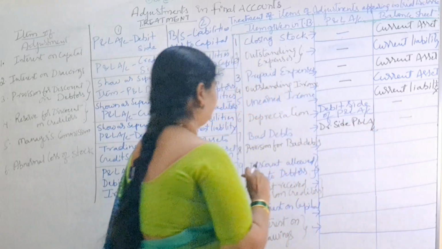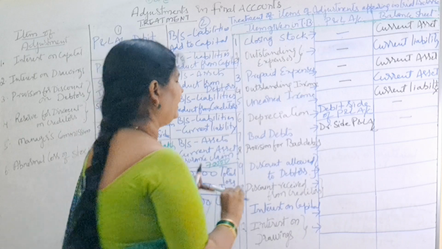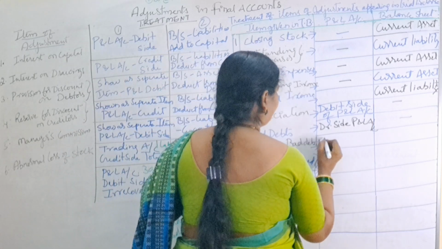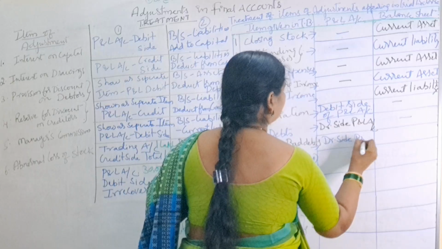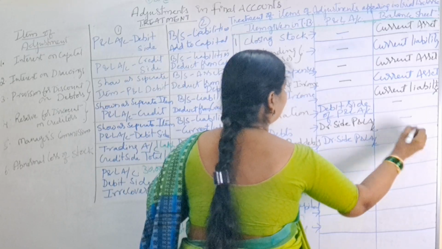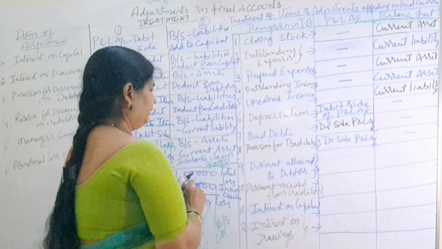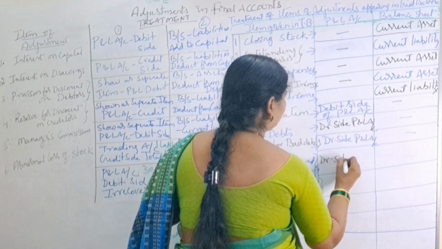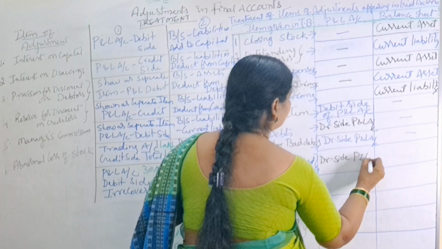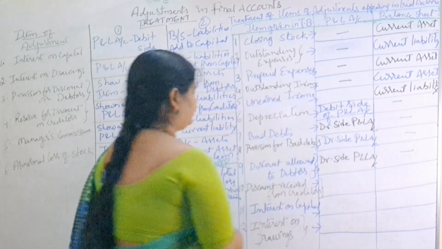Here you will not get. Next, provision for bad debts. Provision for bad debts also debit side P&L account. Will not get here. Next, discount allowed to debtors. This also debit side of P&L account. Will not get in balance sheet.